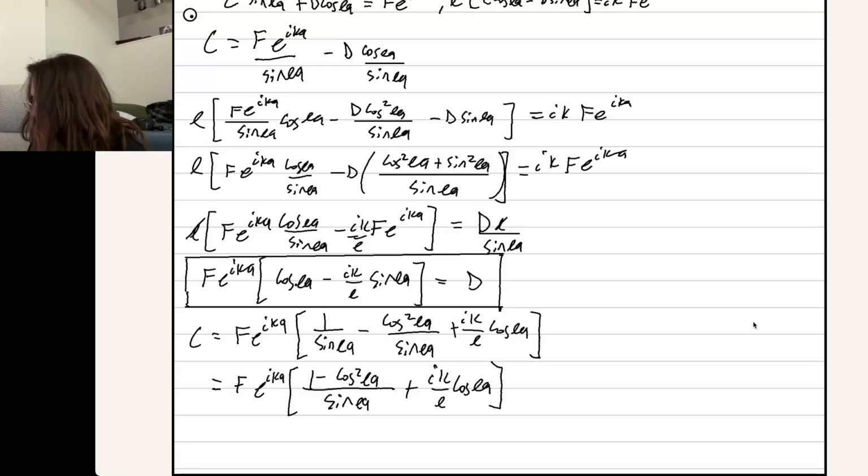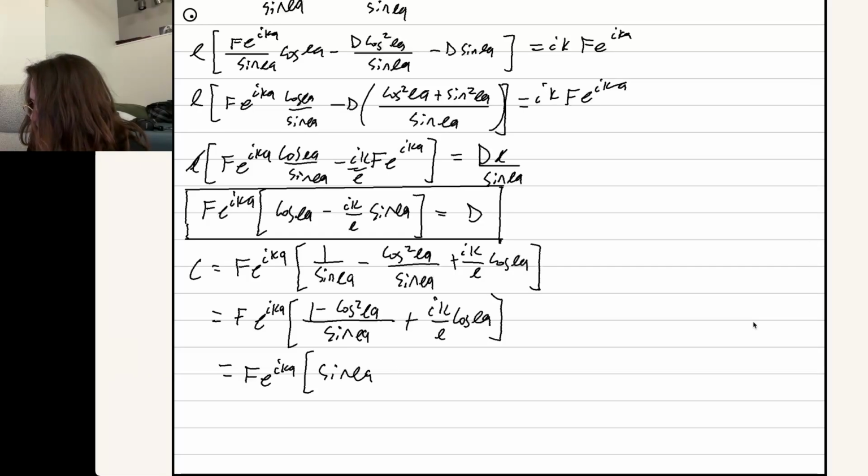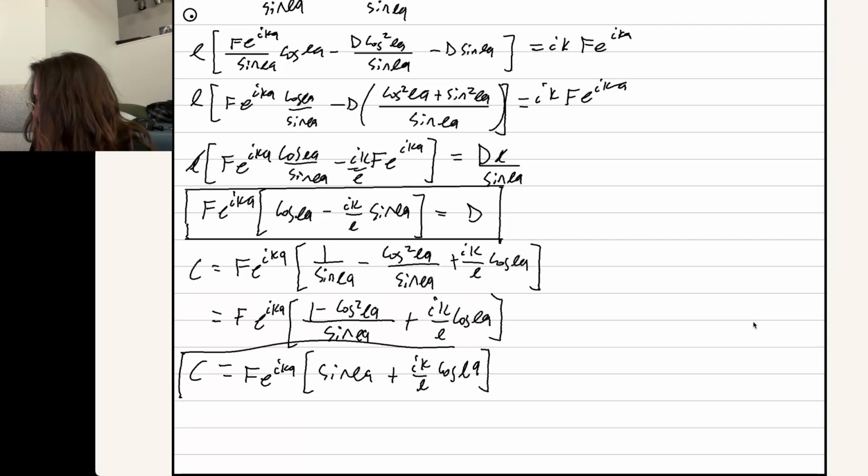And then these are already the same denominator, so we'll just collect them like this: sine La plus ik over L cosine La. But then 1 minus cosine squared is just sine squared. So we have F e to the ika times sine La plus ik over L cosine La. And that is also an equation that we'll take to the bank with us.